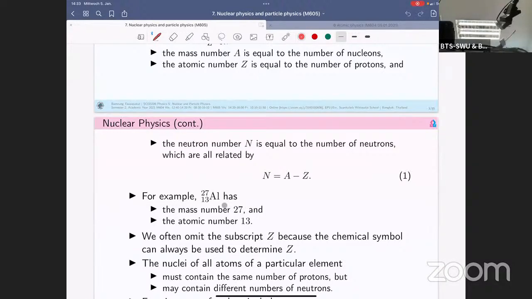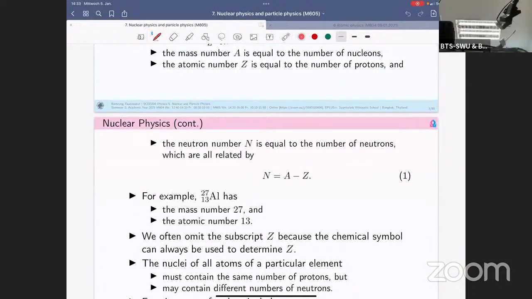If they just write down aluminum here, you know already, and this is the fluency of chemists. Because they work with it every day, they are able to remember the number of protons in each element.